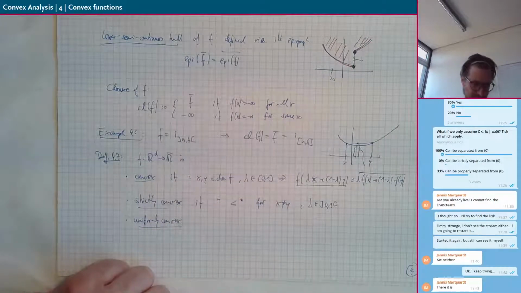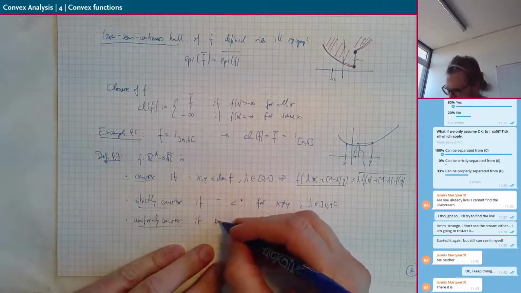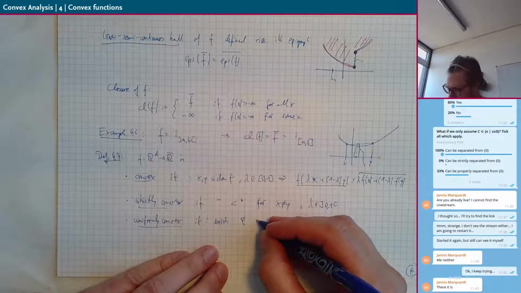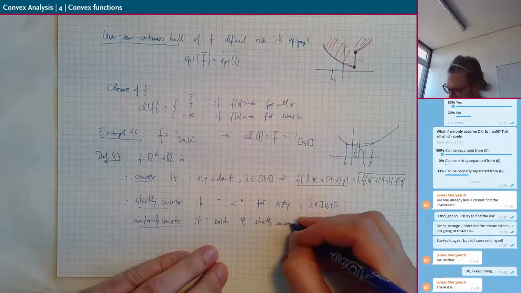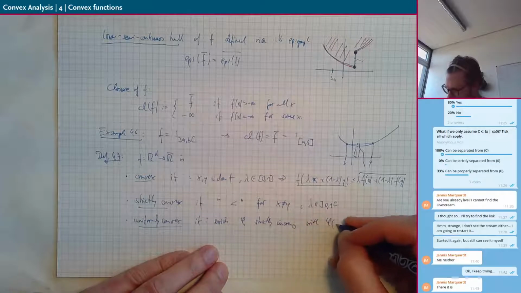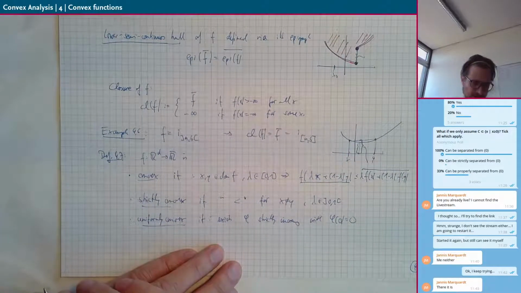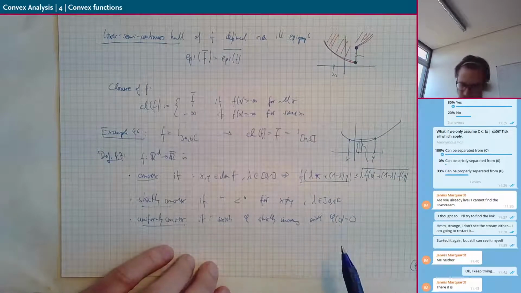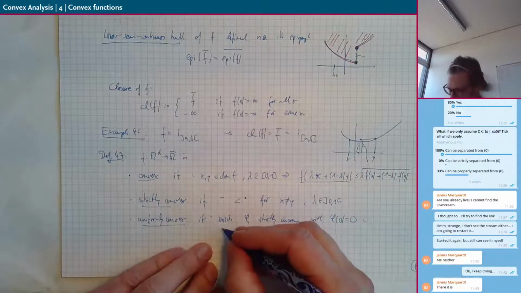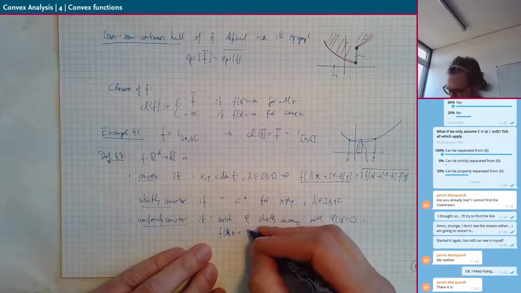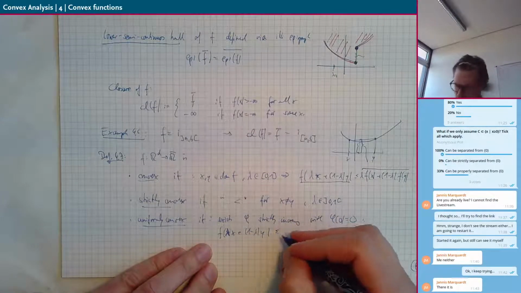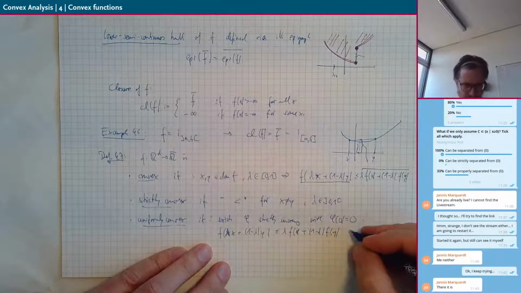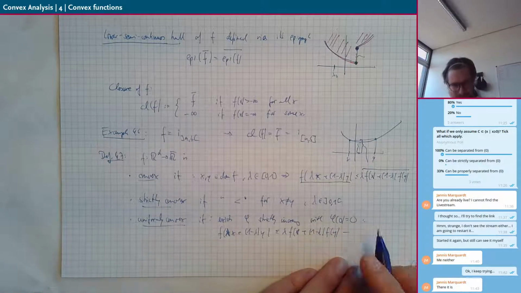Uniformly convex if there exists a phi, strictly increasing with function value 0 at 0, so it's enough to have it from the non-negative numbers to the real numbers, strictly increasing with phi of 0 equal to 0, such that you always have f of lambda x plus 1 minus lambda y smaller or equal to lambda f of x plus 1 minus lambda f of y, and then here comes minus, so we can even subtract a little bit.